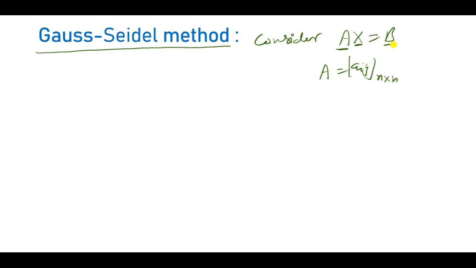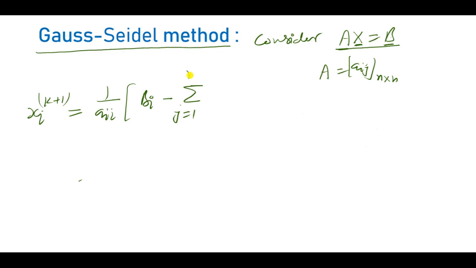So, the iterative formula for the linear system of equations Ax = b using the Gauss-Seidel method is written as x_i^(k+1) = 1/aii [bi - summation j from 1 to i-1 of aij xj^(k+1) - summation j from i+1 to n of aij xj^k].